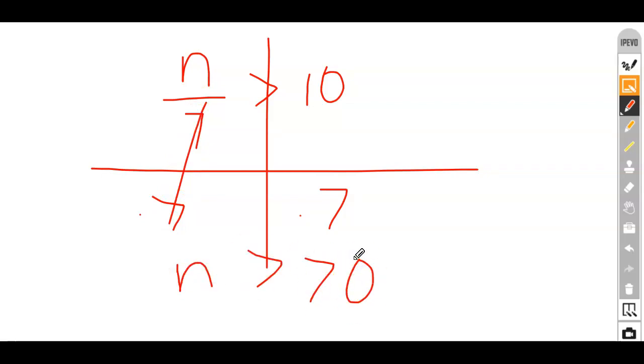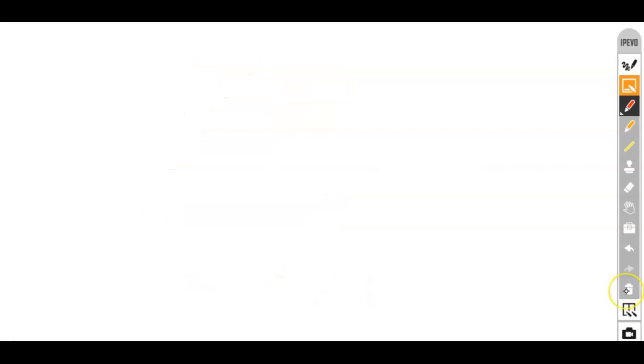And n is going to be greater than 70. Simple, right? You think it's going to be that simple, or you think there's going to be a twist? Yeah, there's a twist. When multiplying or dividing by a negative number, our inequality symbol flips.